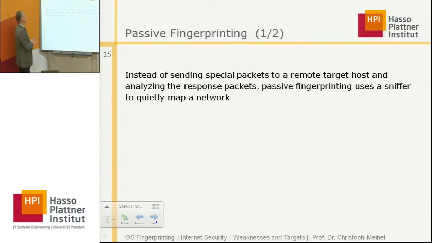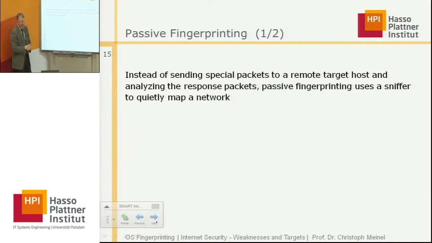Let's shortly, at the end, also speak about passive fingerprinting. We remember all the methods I presented were active methods, because the attacker sends some information, sends a SYN packet or does something, and analyzes the response of the system he wants to attack. In the passive situation, he observes without coming into direct contact with the target system.